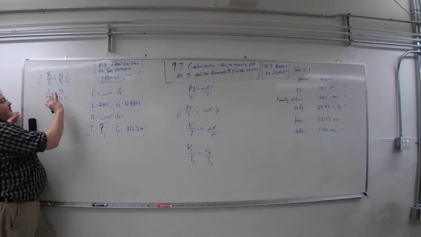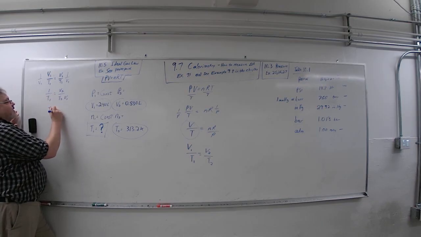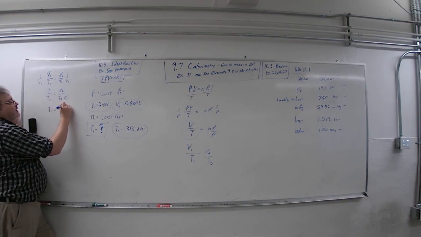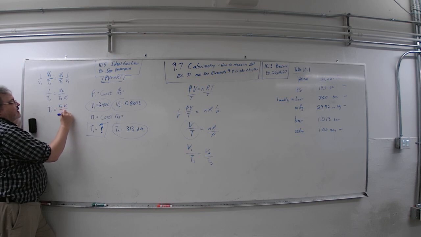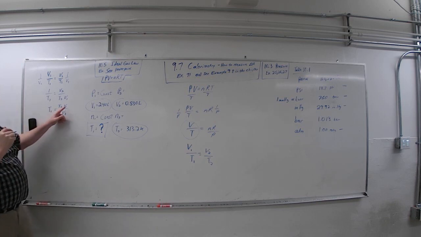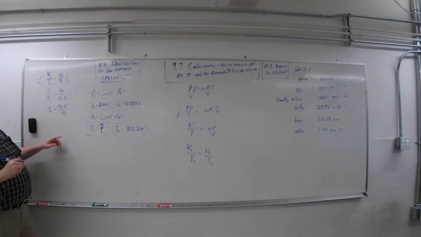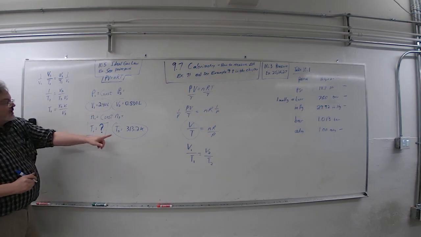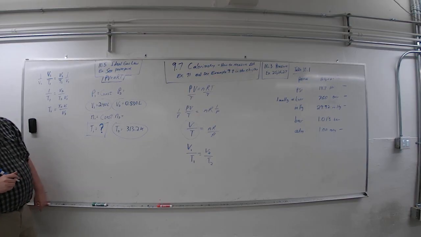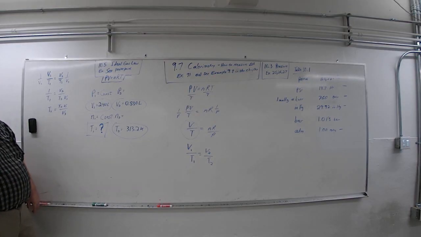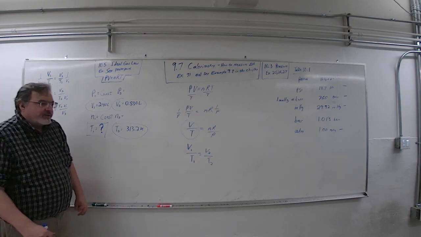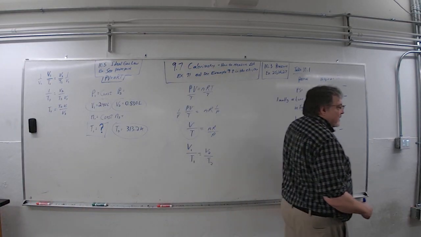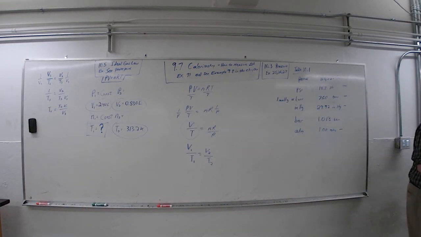So if I just flip both sides, I get T1 equals, and now I can just plug in the variables that I have. I've got V1 and V2, T2 in Kelvin, that'll solve for T1. And I put the answer on the slide here. 906 Kelvin. If you wanted that back in degrees C, you would just subtract 273.15.